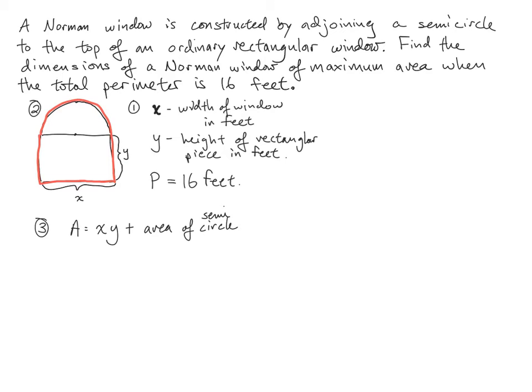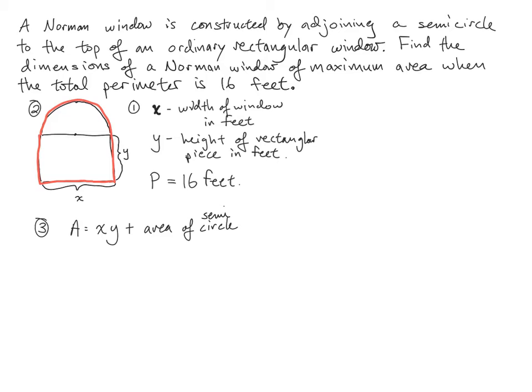But the area of the semicircle, I misspoke. We have to figure out what that would be. We get a pretty good clue here that this length is the same as this length. Since we need pi r squared for the area of a semicircle, it looks like the radius would be half of x.